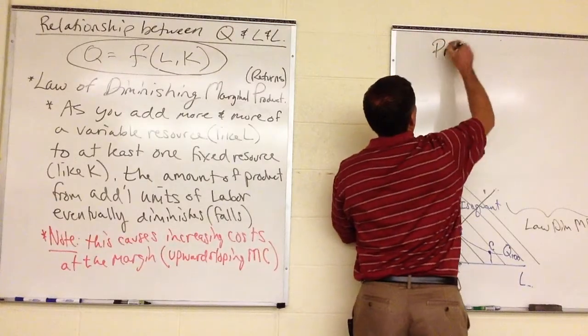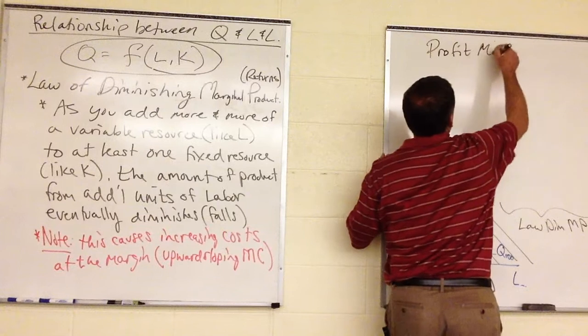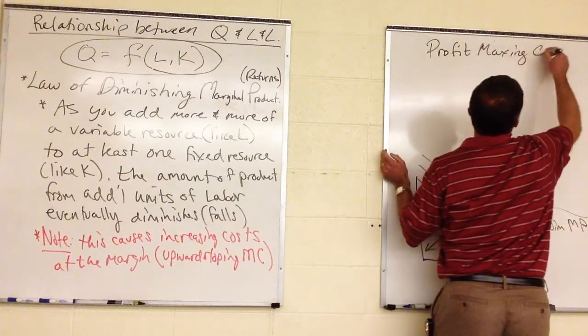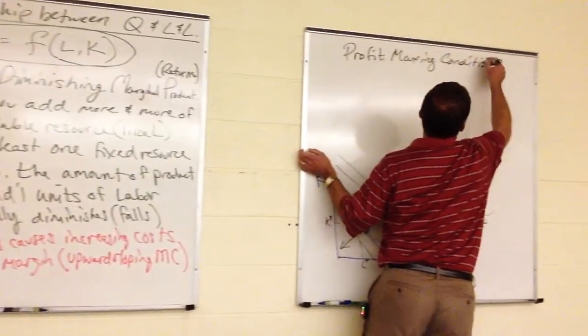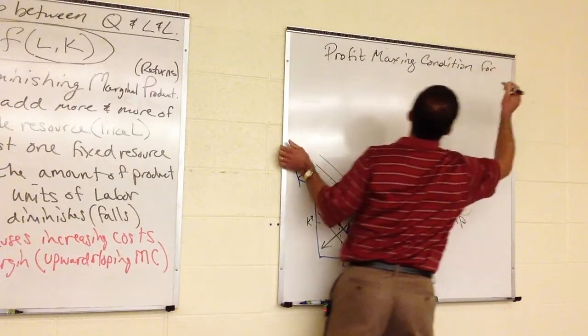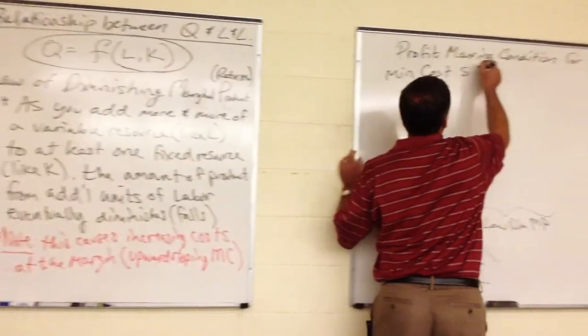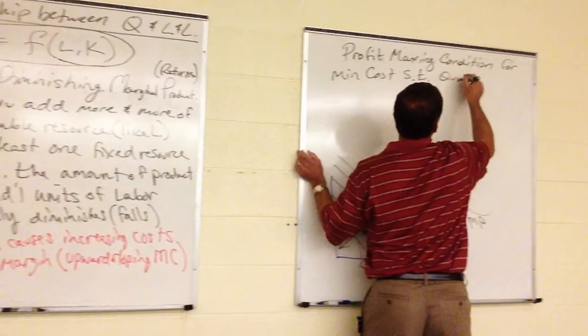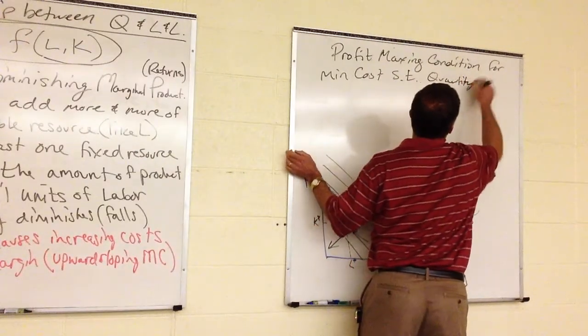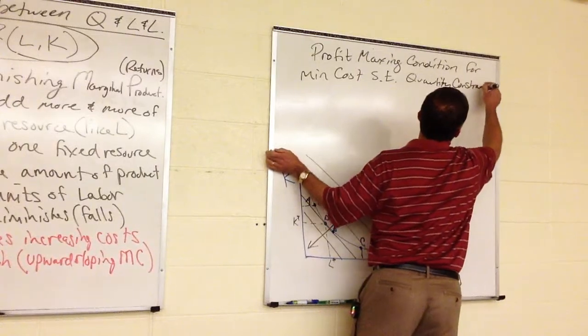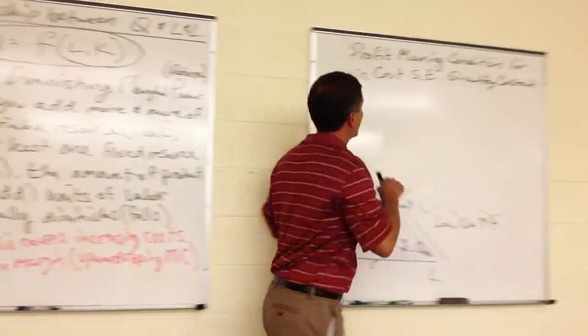So the profit maximizing condition for minimizing cost subject to a quantity constraint, which is the problem I presented earlier and we walked through.